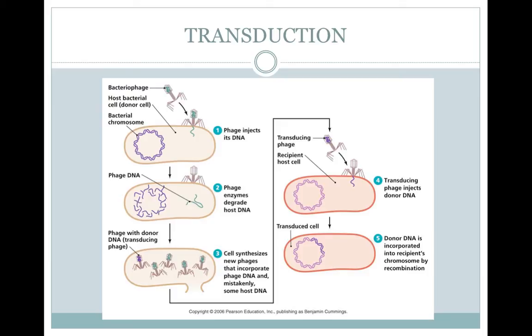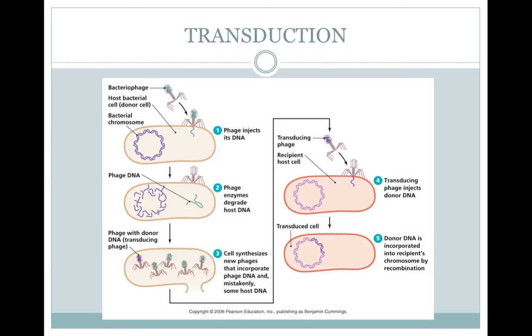Transduction is when a bacteriophage, or a virus that infects bacteria, takes bacterial genes from one host cell to another. The phage attaches to the cell, injects its DNA. The DNA of the phage breaks up the DNA of the bacteria.